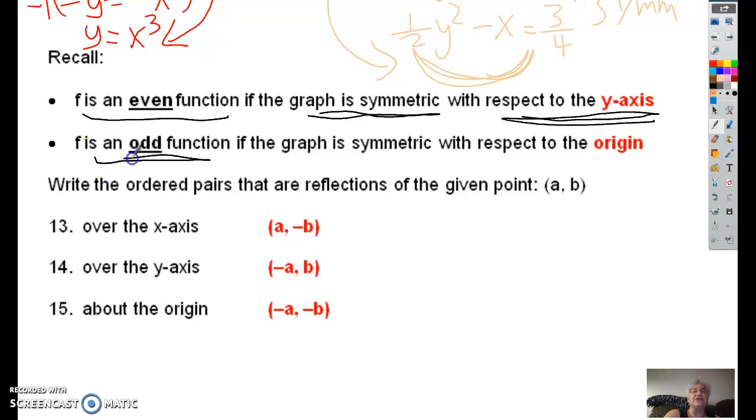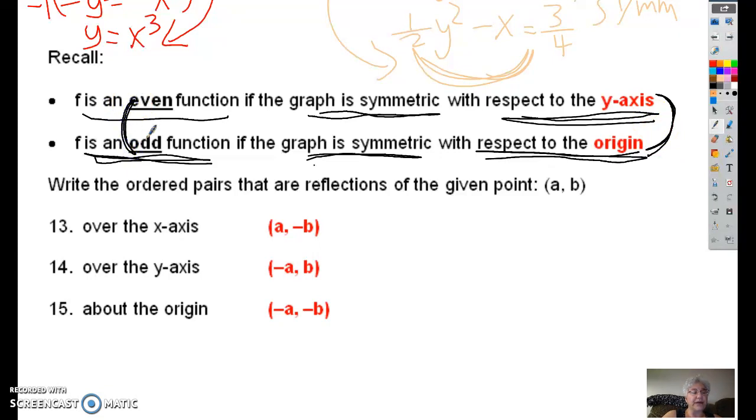For an odd function, which we also did on Tuesday, anything that has odd symmetry is also going to be symmetrical to the origin. So really the only thing new that we learned today was x-axis symmetry, and that doesn't correlate with what we did previously for our even odd symmetry.